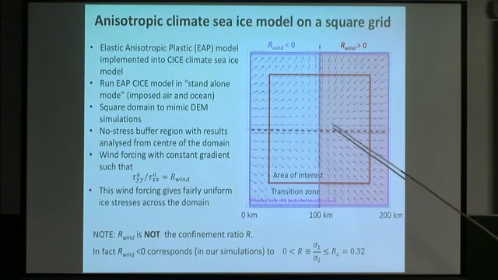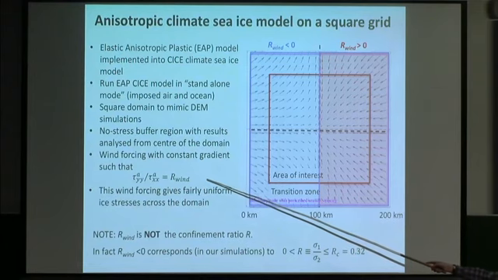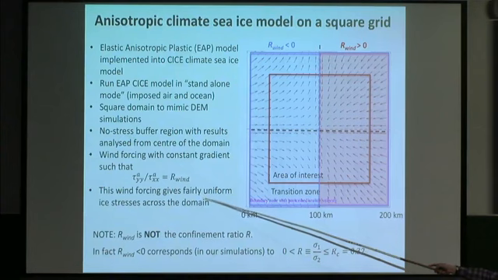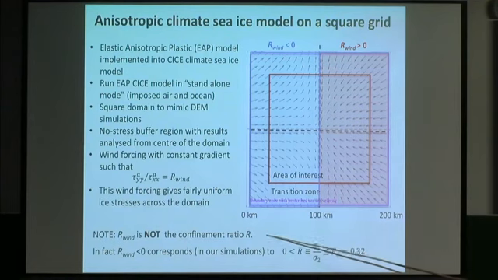So we use an imposed ratio of the wind stress components, R wind. But this R wind is not the same as the ratio of the stresses inside the ice pack. So this confinement ratio, sigma 1 over sigma 2, those are the stresses inside the ice pack. Okay?